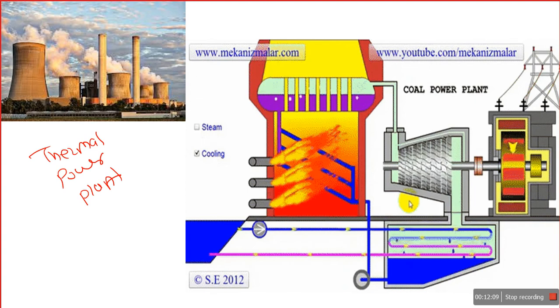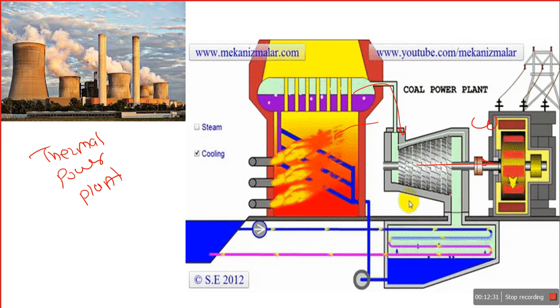What is the source for the boiler? That is the combustion of fuel plus air. This source supplies heat to the water, the heat generates steam, and that generated steam impinges on a turbine and we get work.